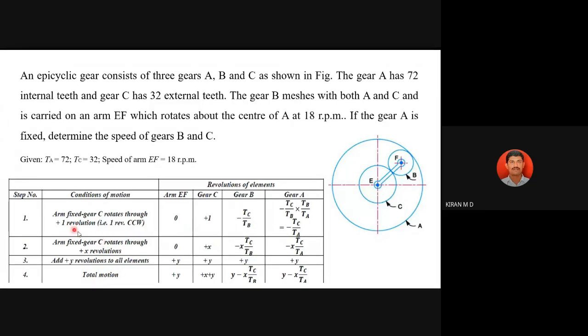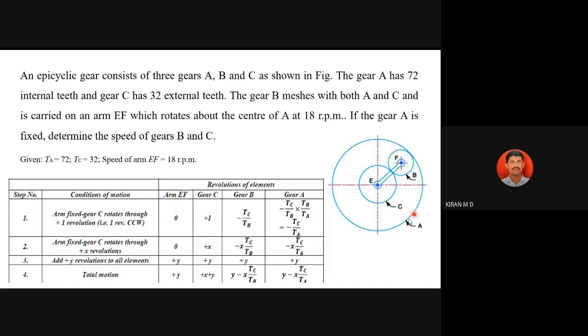Now the table remains the same. The first and second columns are the same. Now coming to the third column, I told you we have discussed that first we should write arm.